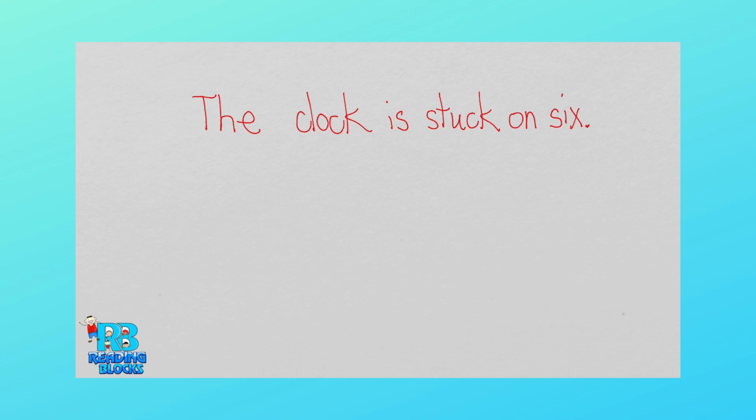Okay, next sentence. I have a trick for him to see. Let's start writing it. I. Have is tricky because we have that silent E, so you memorize this. Have, but then we have that E at the end, have.